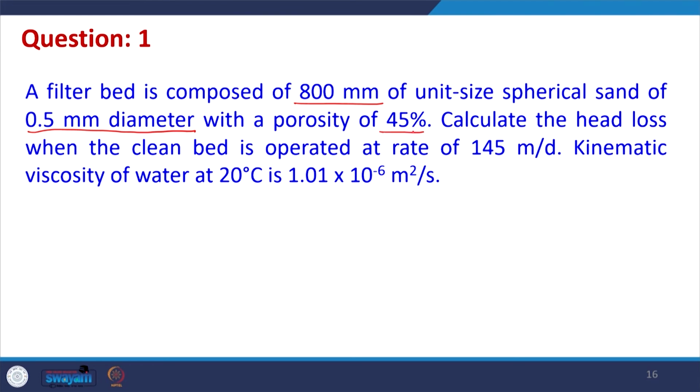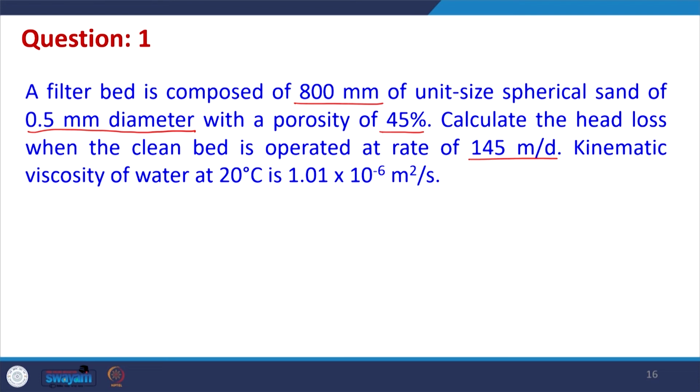Calculate the head loss when the clean bed is operated at a rate of 145 meter per day. So, that is the velocity given. Then the kinematic viscosity of the water at 20 degree centigrade is given as 1 into 10 raised to minus 6 meter square per second. So, we have to find out the head loss when the clean bed is operated.